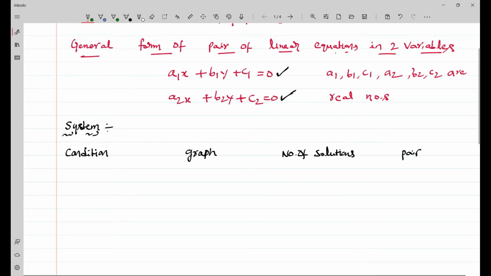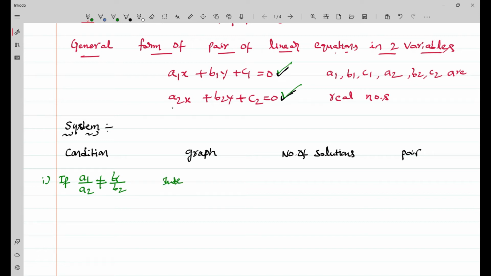First condition: if a1 by a2 is not equal to b1 by b2, then these two lines intersect each other in the same graph. That's why I am writing here intersecting lines.